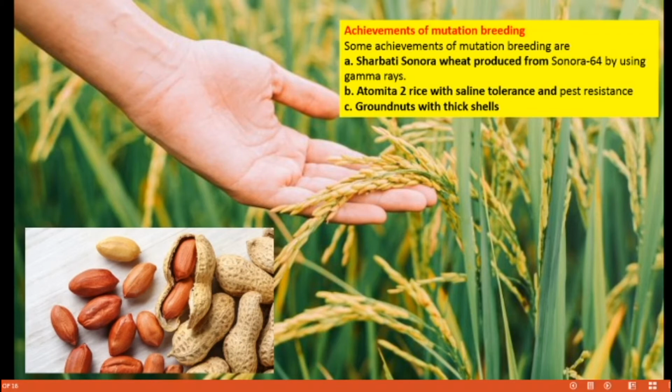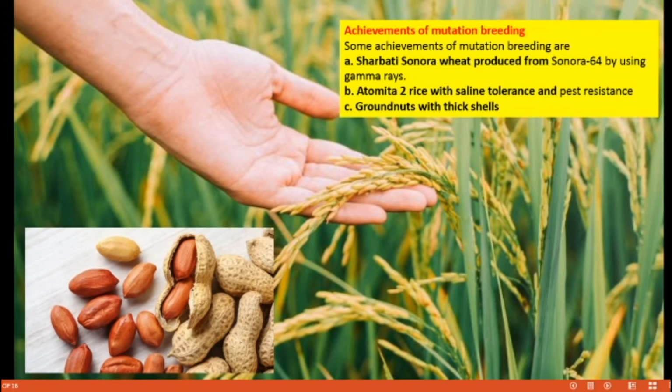Rice always needs fresh water, but Atomita 2 tolerates saline water. Don't think we can cultivate Atomita 2 with sea water, not that much, but with a little salt water.